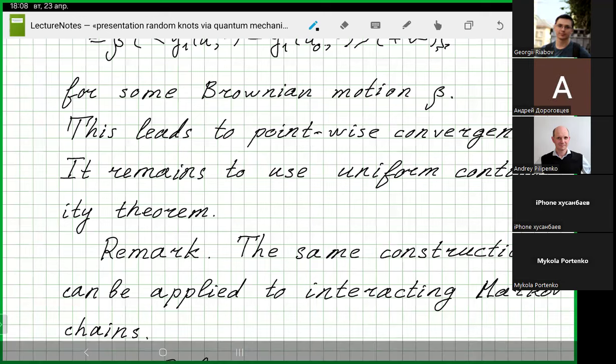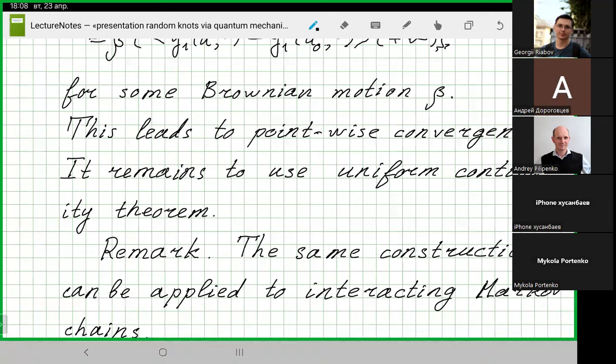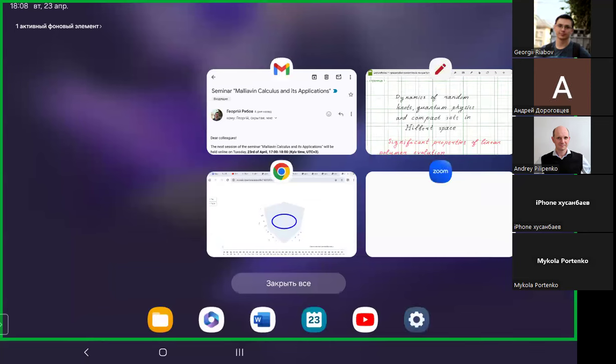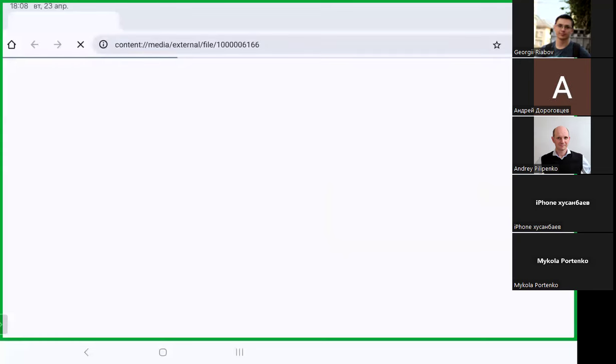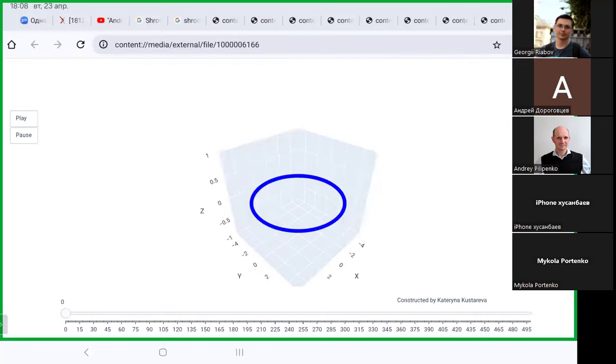This model was created for me by my PhD student Katerina Kustaryova, who is very good not only in mathematics but in handling different computer-related problems.